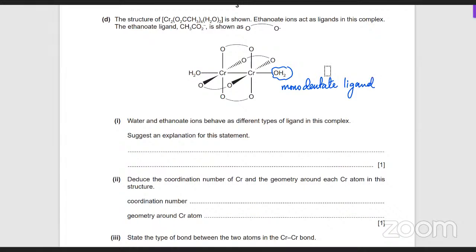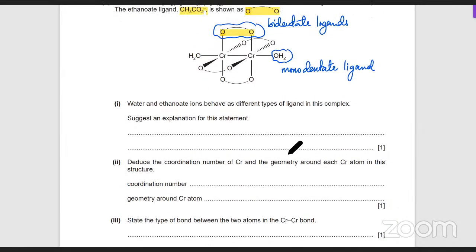Meanwhile, the ethanedioate ions, these ones, are behaving as bidentate ligands because they're forming two dative bonds. So that's the answer to this part.